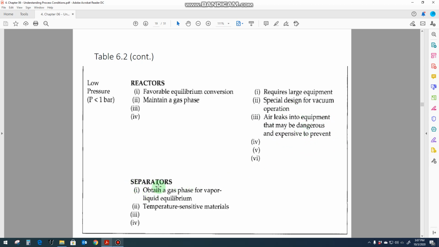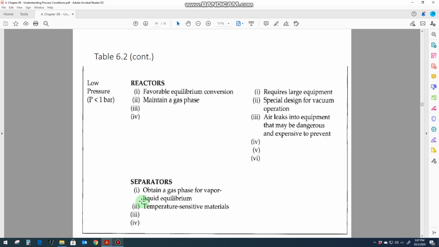Now, in terms of separators, below 1 bar, one of the reasons could be to obtain the gas phase for vapor liquid equilibrium, or we can have temperature sensitive materials within the process. So we can operate at less than 1 bar.